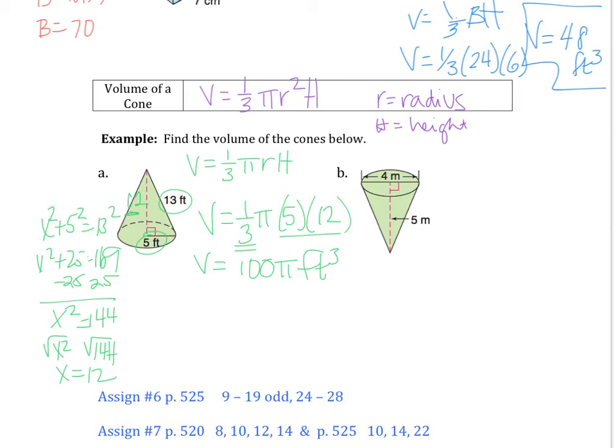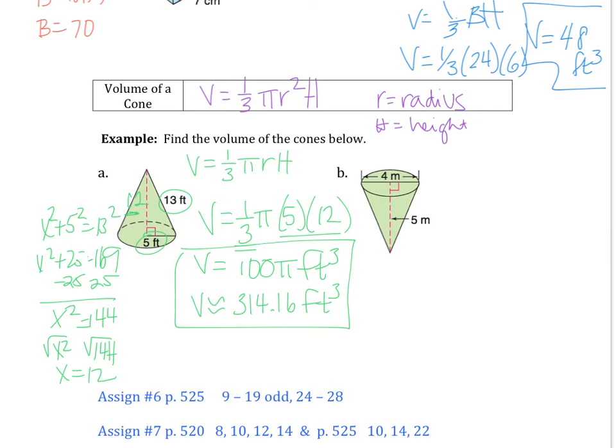Remembering my label is cubed. And then for my approximate value, go ahead and multiply that by 3.14, or use the pi button on your calculator. I've got 314.16, and I'm talking cubic feet, so feet cubed. Again, getting used to that exact answer and that approximate answer by now.